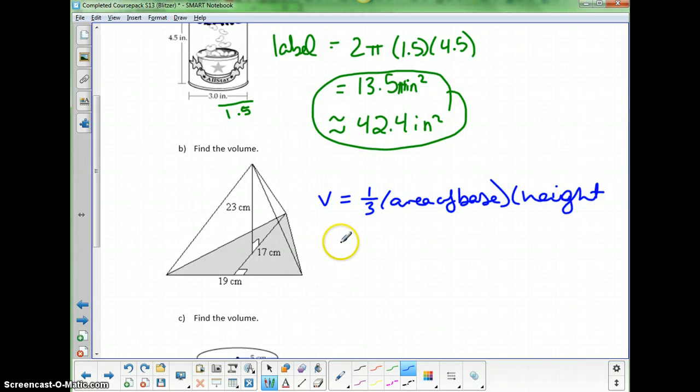In this case, since the base is a triangle, we have 1/3 times the area of the base is 1/2 base times height. So 1/2, 19 times 17, times the height of this pyramid, 23.